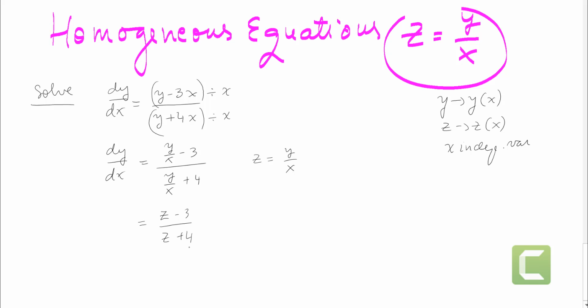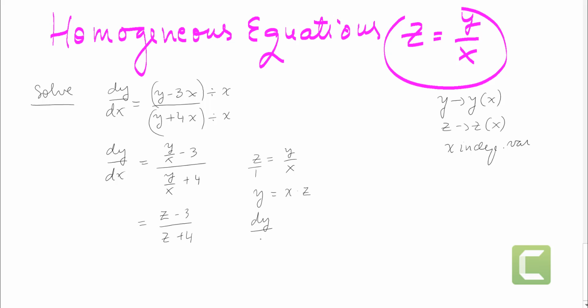On the right hand side I'm going to have (z minus 3) over (z plus 4). The problem is on the left hand side, dy/dx would create 3 variables in my equation. So I want to find the dy/dx in terms of dz/dx. If we cross multiply here, we get y equals x times z.